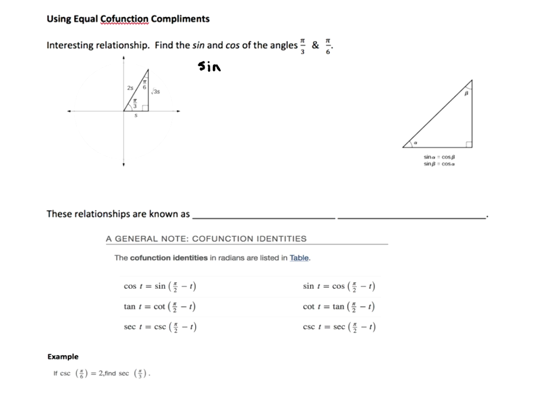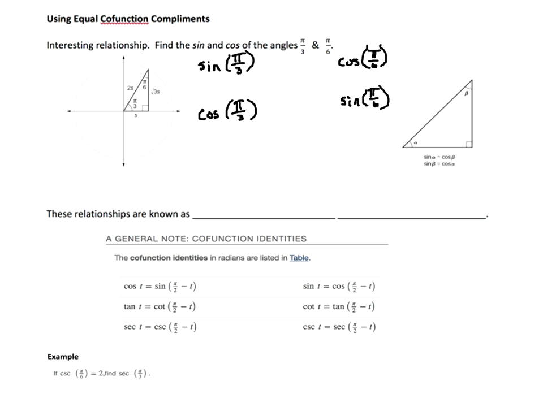Okay, so we'll start with the sine of pi over 3, and then we'll find the cosine of pi over 3, and then we'll find the cosine of pi over 6, and the sine of pi over 6. And I have them set up like this for a reason.